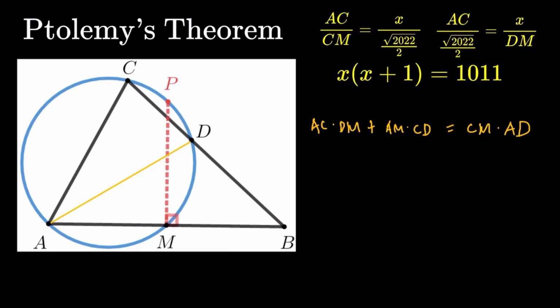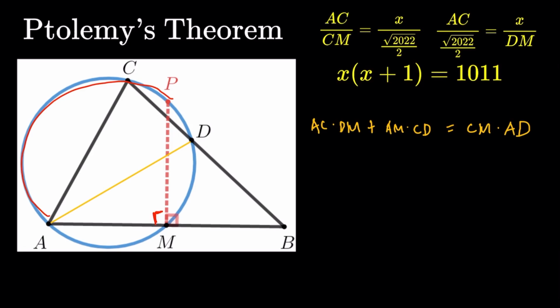Because P is the midpoint of arc CD, okay? And we do have a right angle here at M. So obviously this is going to be right as well. And we do have angle AMP to be right. Now, this angle intercepts arc AP over here.